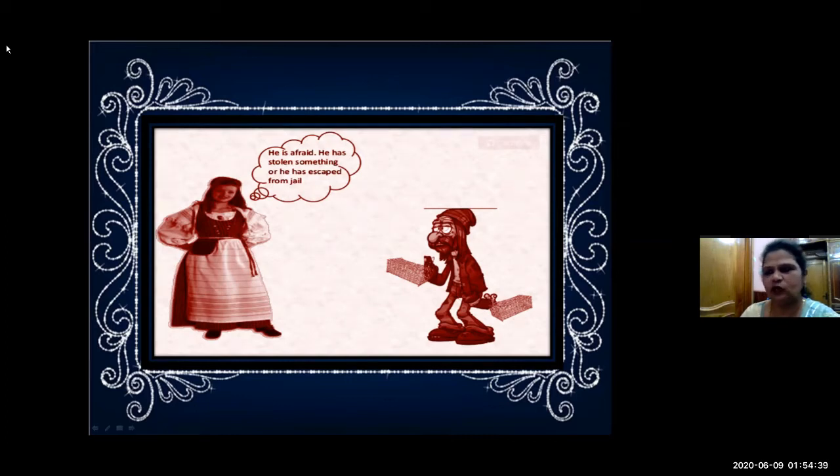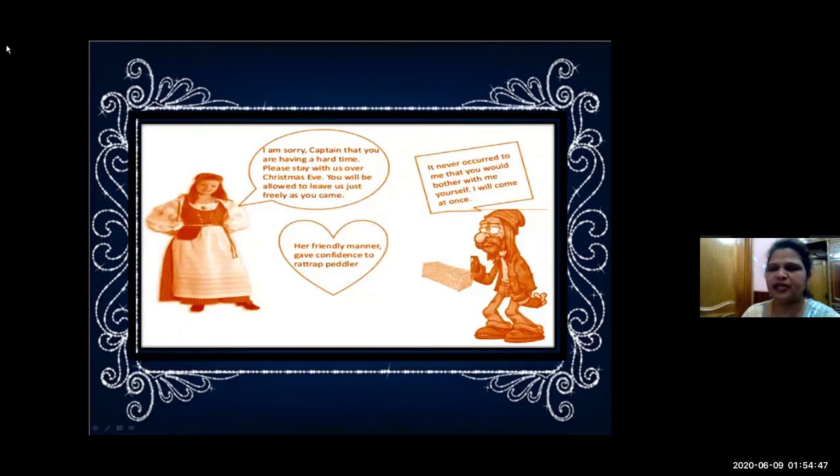She was able to realize that either he had stolen something or he had escaped from jail. But she didn't let the peddler know. Simply she said, I'm so sorry, Captain. You are having a hard time. Please stay with us over Christmas Eve. You will be allowed to leave just as freely as you came.